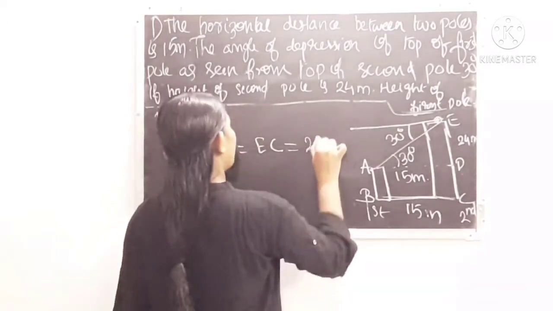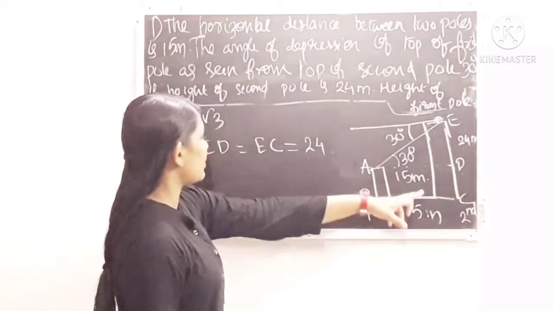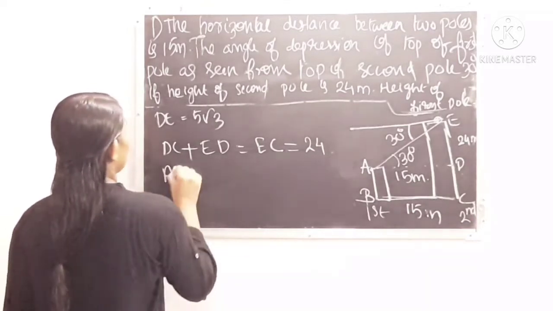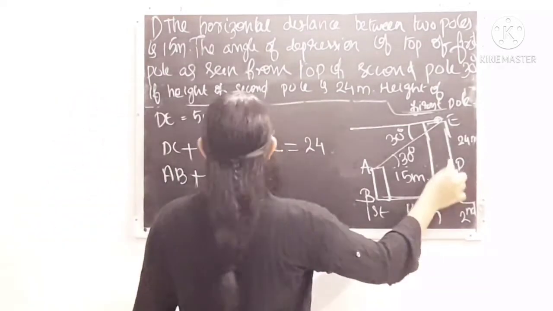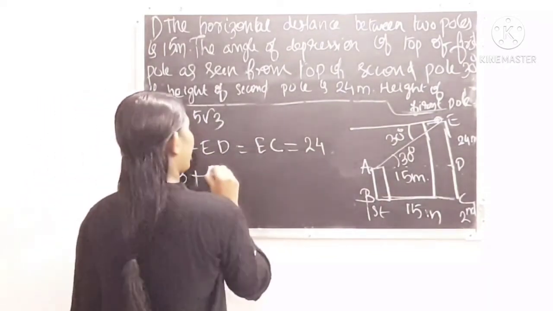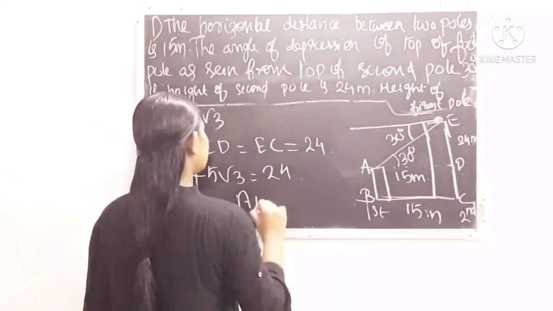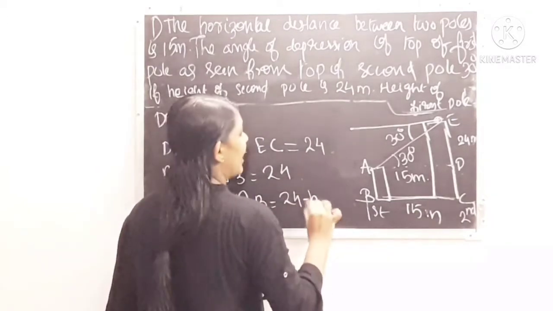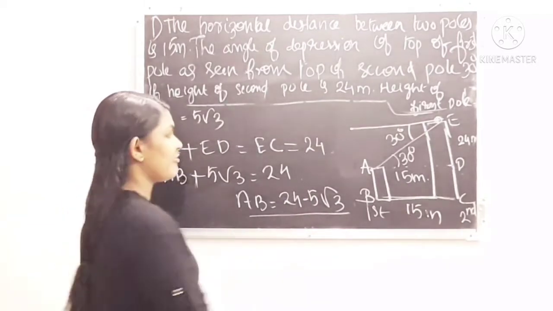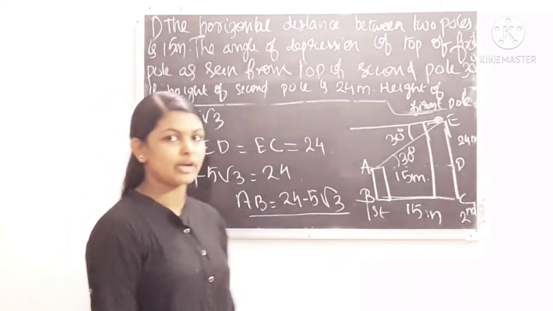DC will be equal to AB, plus ED, and we already got the value of ED, which is equal to 5 root 3. So AB plus 5 root 3 is equal to 24. So we can write the length of AB as AB equals 24 minus 5 root 3. Now we have to substitute the value of root 3. Then you will get the answer for AB, which is the height of the first pole, as asked in the question.